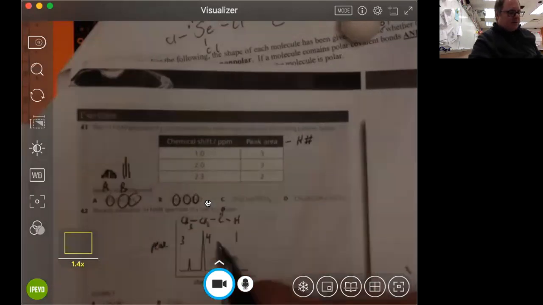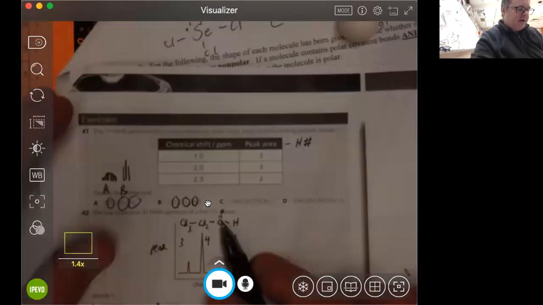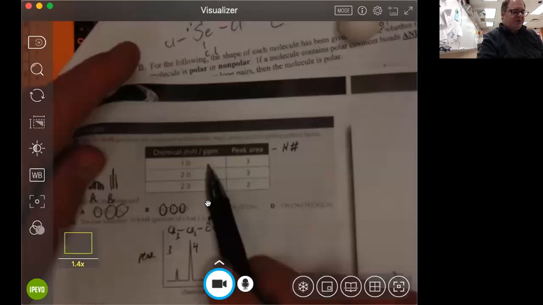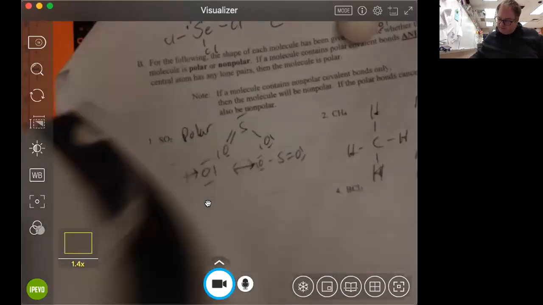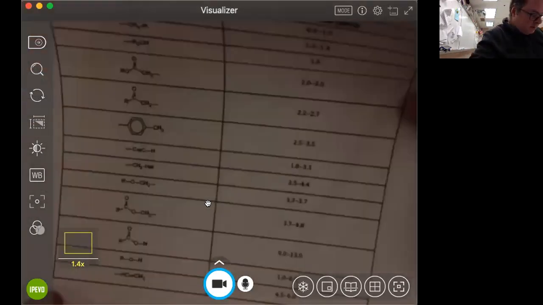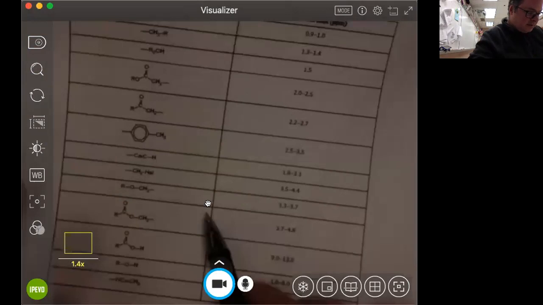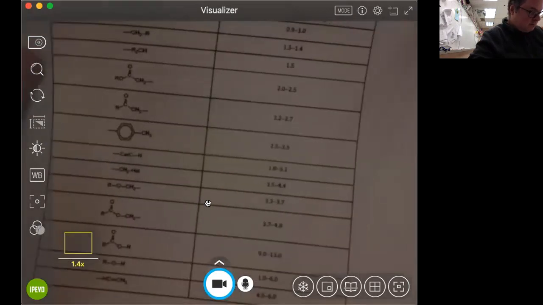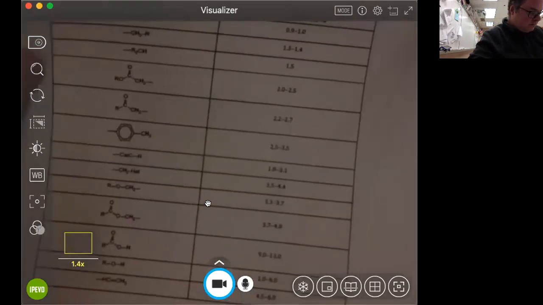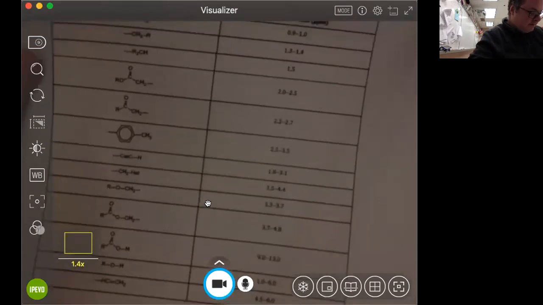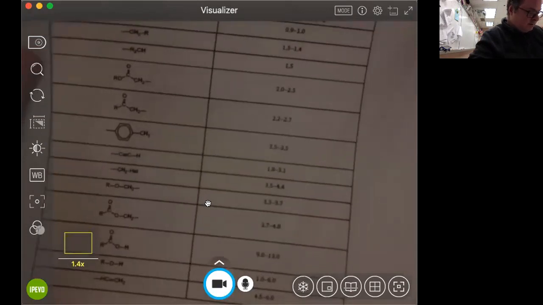Another reason it can't be this one is that aldehyde. If we look at our chemical shift for that aldehyde, where's the aldehyde? I don't have it on here. I think it's like 10.